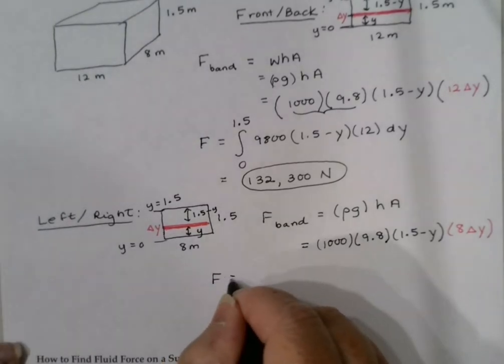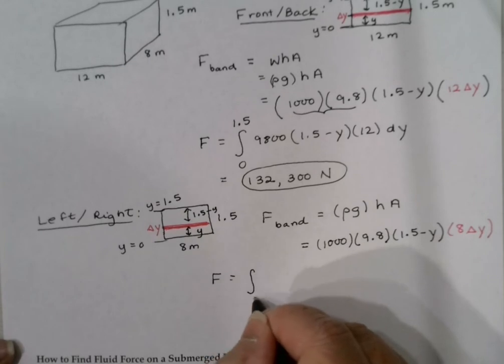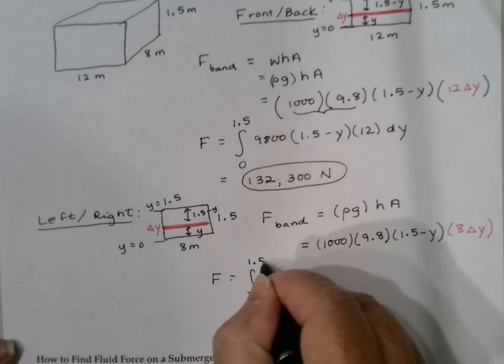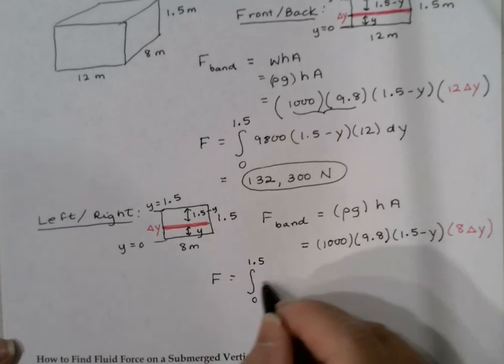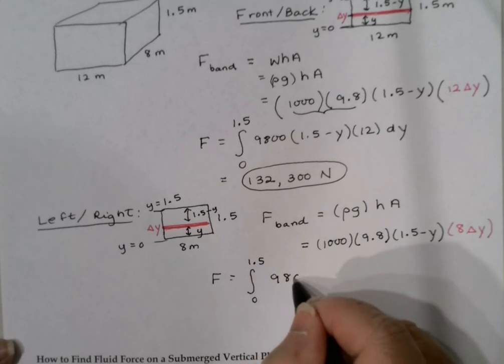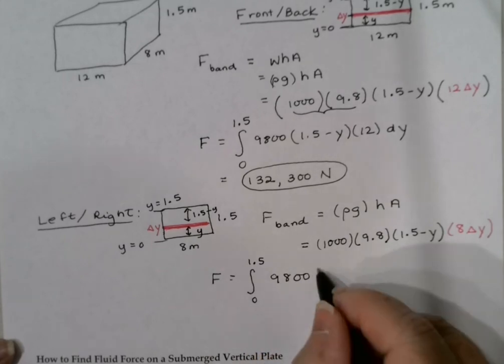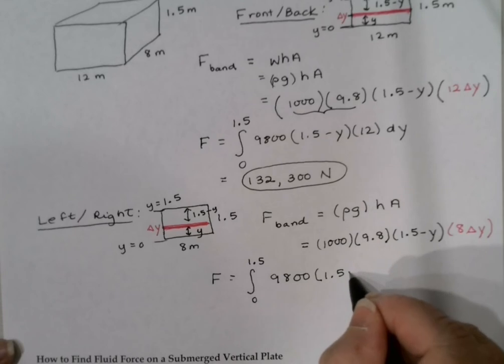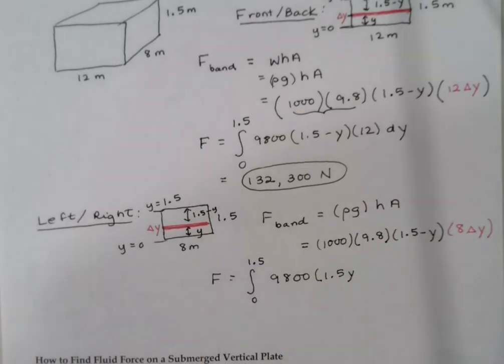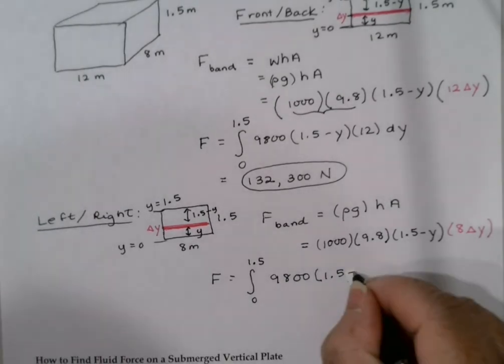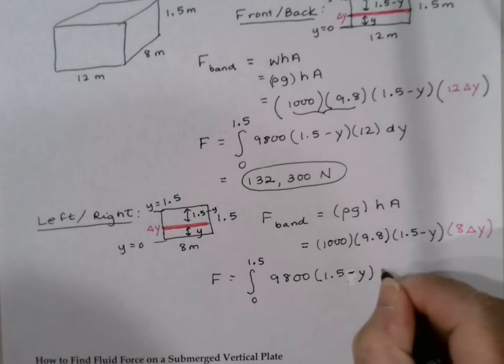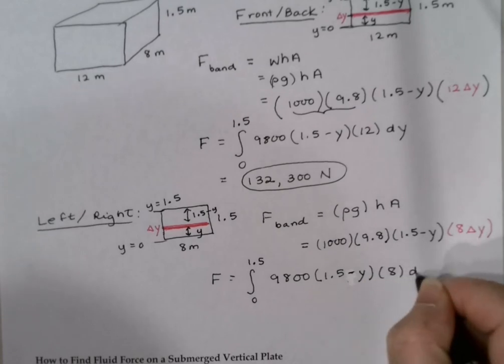To get the total force, of course, I'm going to integrate again from 0 to 1.5. That would be the integral of 9,800 times (1.5 minus y) times 8 dy.